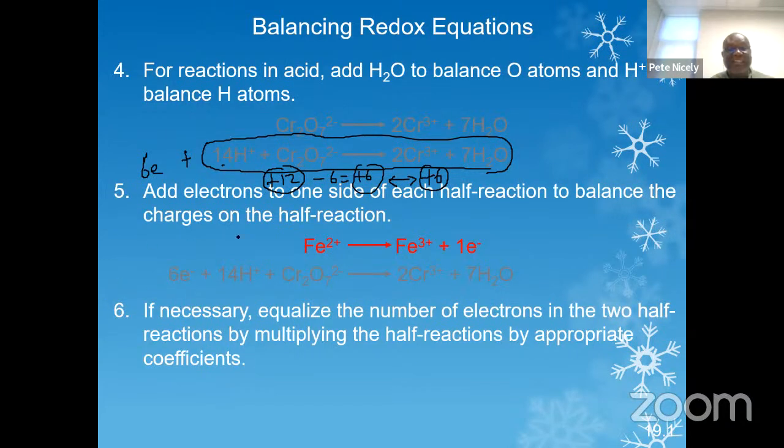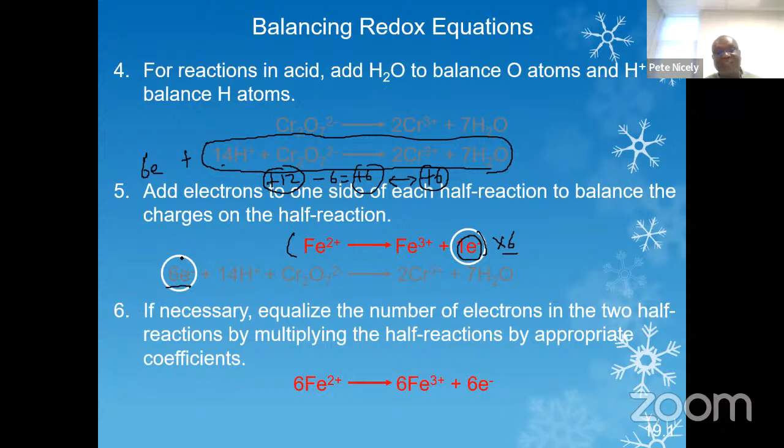In this case, you'd have to multiply this entire equation here by 6, because by multiplying this by 6, you're going to end up with 6 electrons here, which would be the same as the number of electrons gained here. So the result of multiplying that equation by 6 will be this right here: 6Fe2+ to give 6Fe3+ plus 6 electrons, all right?